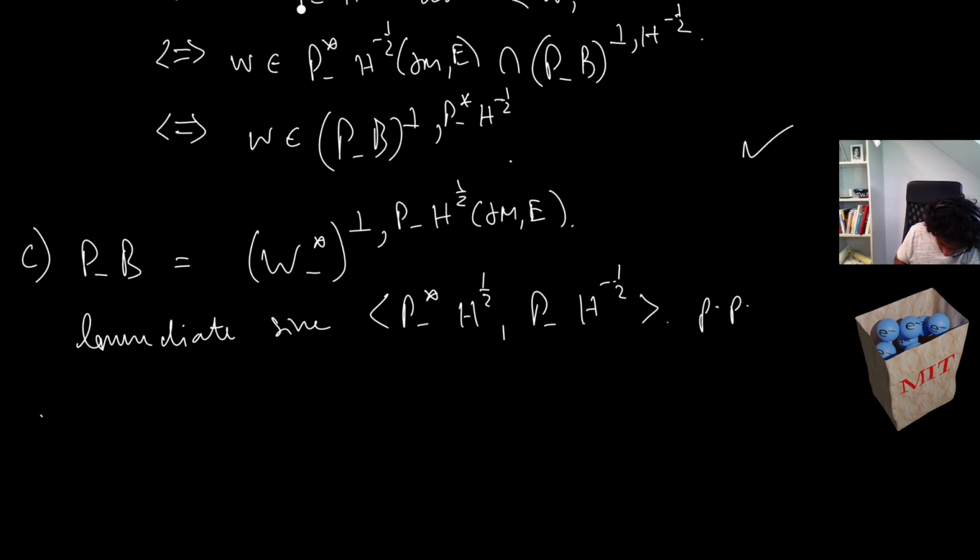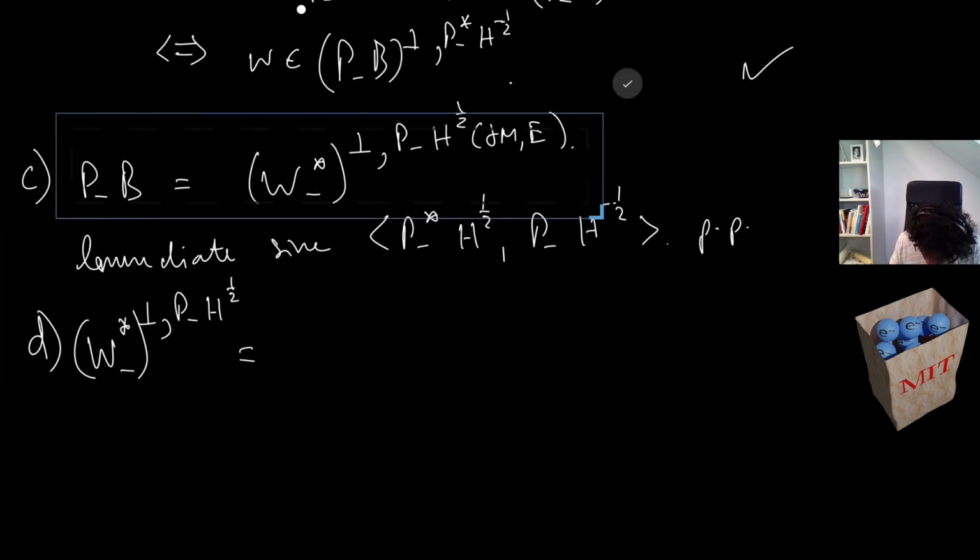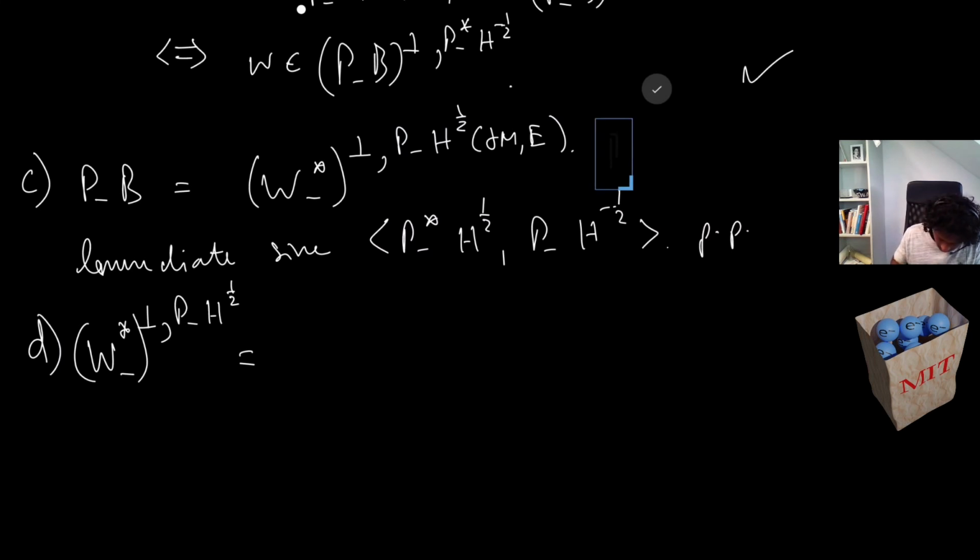Now let me have a look. So now we have what? W minus star perp. Now I want to annihilate this in P minus H a half. So the claim, okay, I should say this is a claim, right? These are all claims, so maybe write claim here. Okay, I'll omit it in the interest of time, but these are claims.